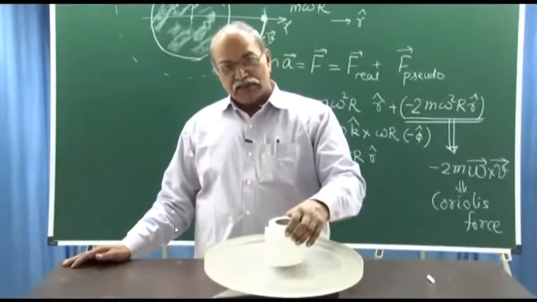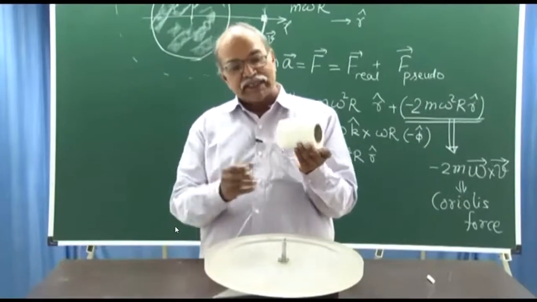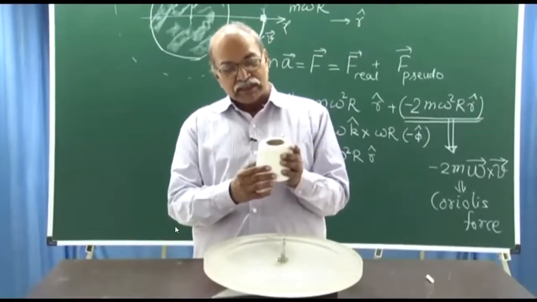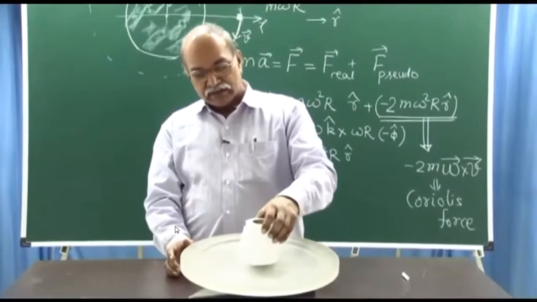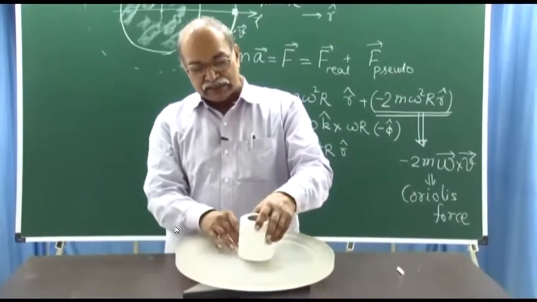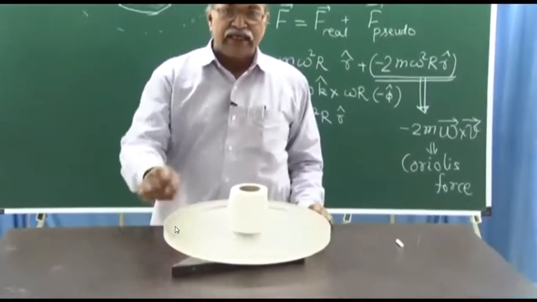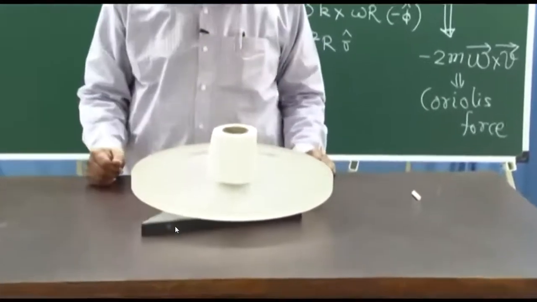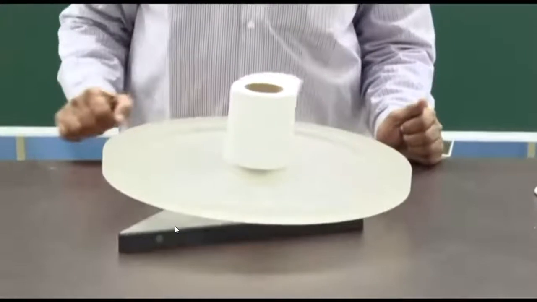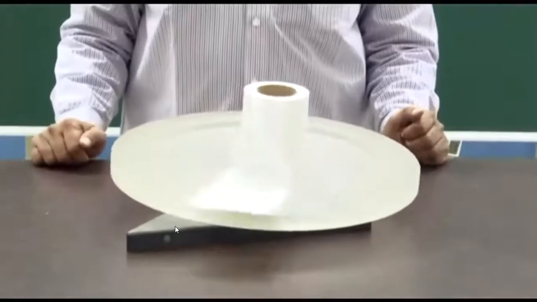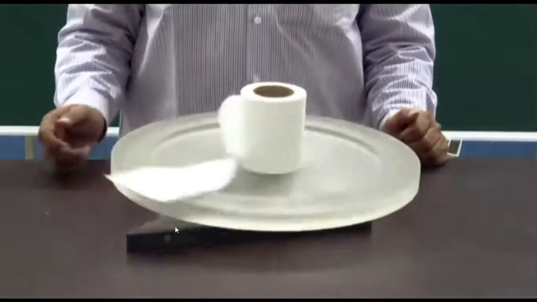Here is one more very interesting experiment. This is a tissue paper roll, and I put it here on the rotating disc, and I will rotate the disc and you see what happens to the roll. It has opened up.